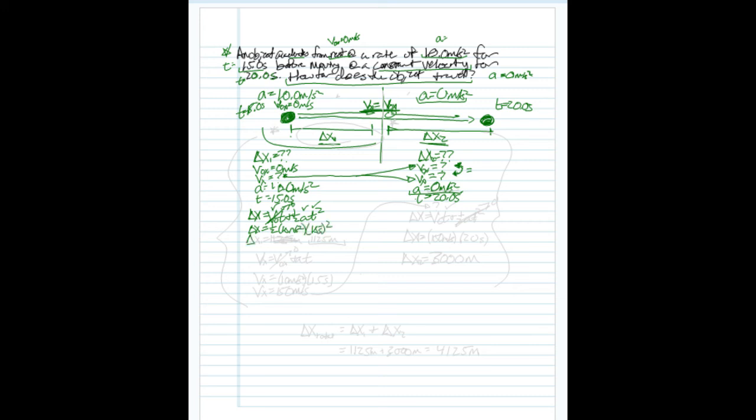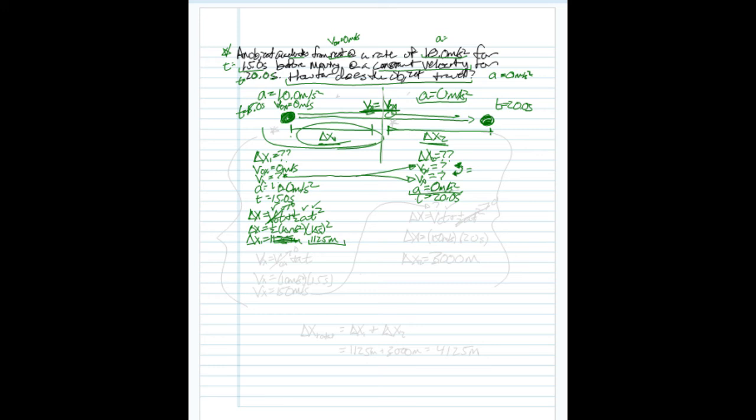Plugging in my numbers, I get 1,125 meters. Let me write that a little neater. So I already know half of my answer. I know that while it's accelerating, it travels a distance of 1,125 meters.